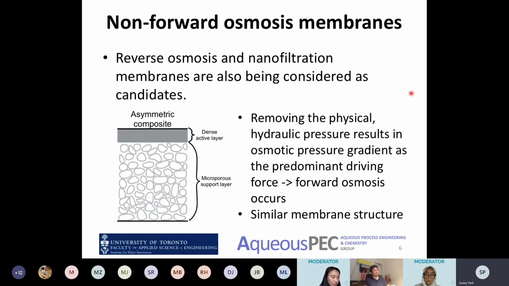An additional point, they also have very similar membrane structures, as shown here, as both are usually asymmetric composite membranes. So consequently, with alterations to their operating conditions, RO and nanofiltration do have the potential to be utilized in these FO applications.